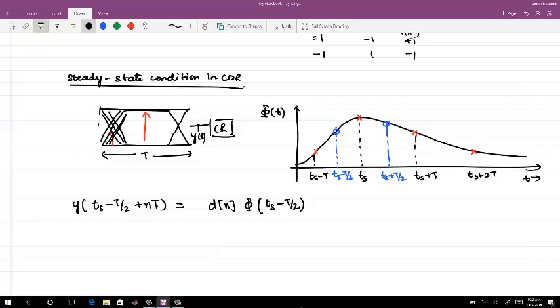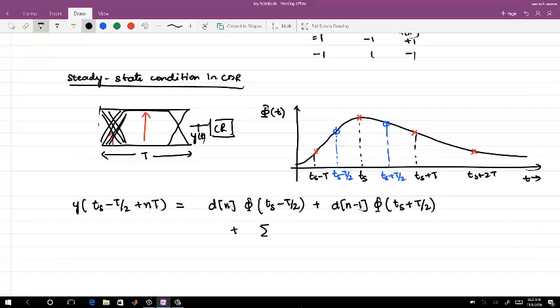this is due to the nth bit, plus d of n minus 1 into phi of Ts plus T by 2. Did you get this part? The previous bit is just this waveform shifted one bit period before, so whatever you see at Ts plus T by 2 in this response is due to the previous bit.